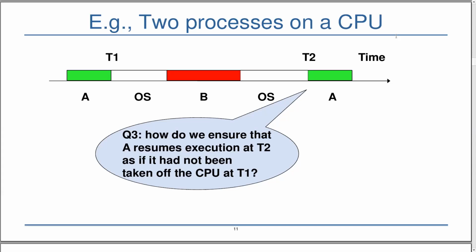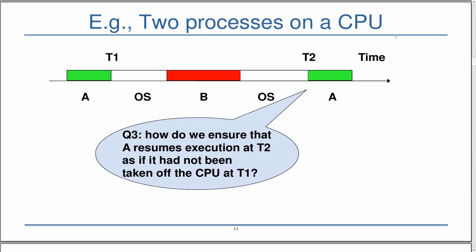So how do we ensure that A, whenever it resumes, doesn't even notice that it was suspended previously?